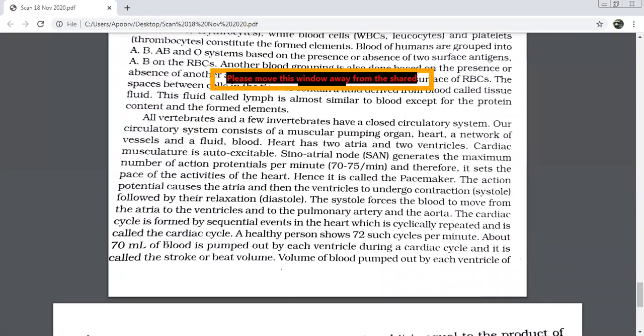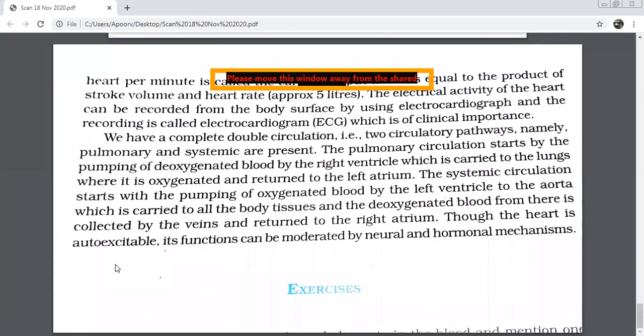Okay, 3 of them have already done. So let's start discussing. We are just left with 1 paragraph only.